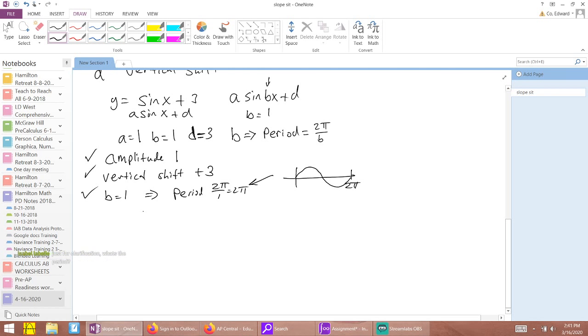Now, the way I graph things, I always go this way. You go from D and you head toward A. The period is how long it takes me to finish one full graph. Because this graph will continue in one more cycle, and then one more cycle, and this goes on infinitely. So how long does it take you to finish one full cycle?